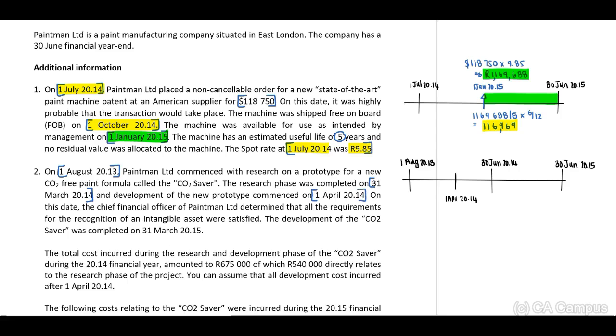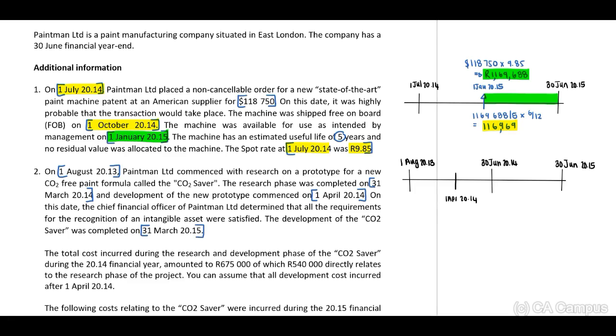On this date, the Chief Financial Officer of PaintMan Limited determined that all the requirements for the recognition of an intangible asset were satisfied. The development of the CO2 Saver was completed on 31 March 2015.